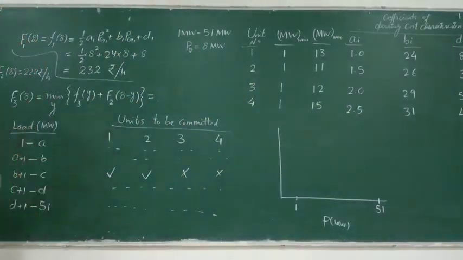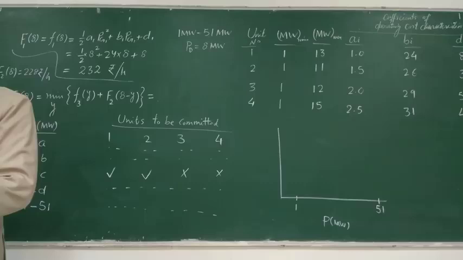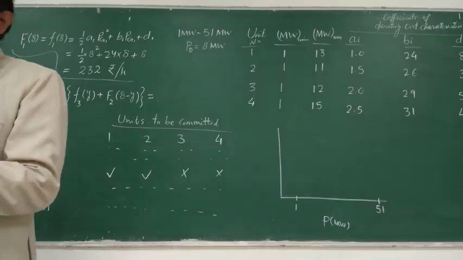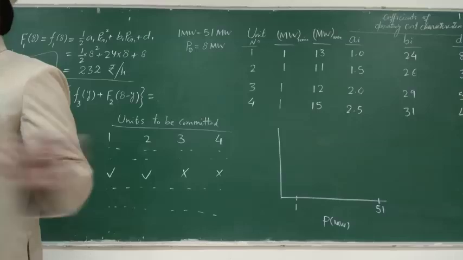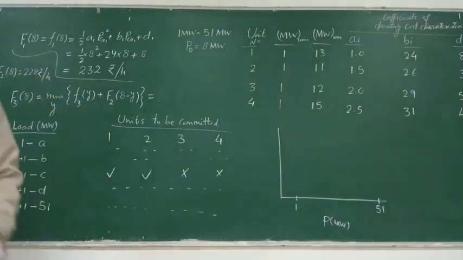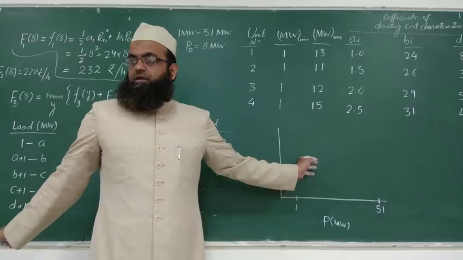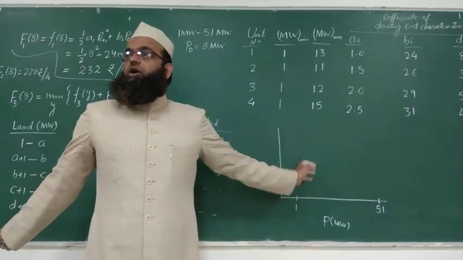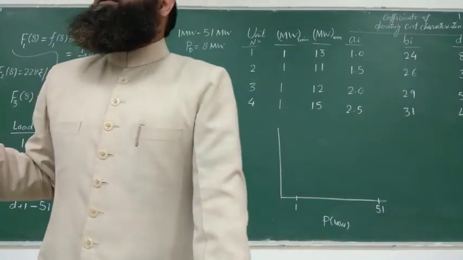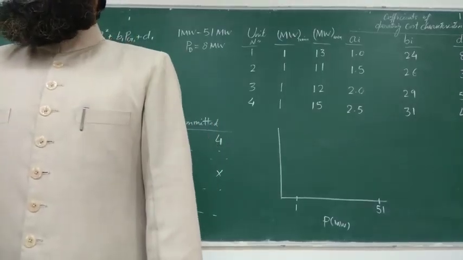The plant operating cost characteristics will be evaluated. We have discussed the operating characteristics of each unit, unit 1, unit 2, various units, right? So finally you will have one such characteristic for the plant. That will be known as the operating cost characteristics of the power plant.